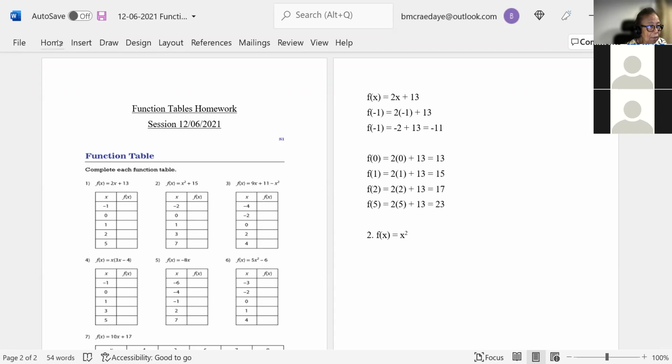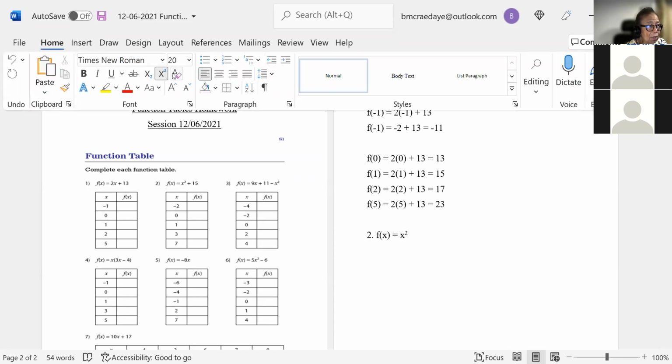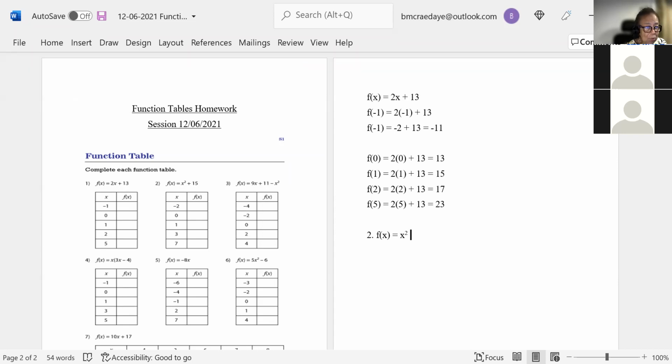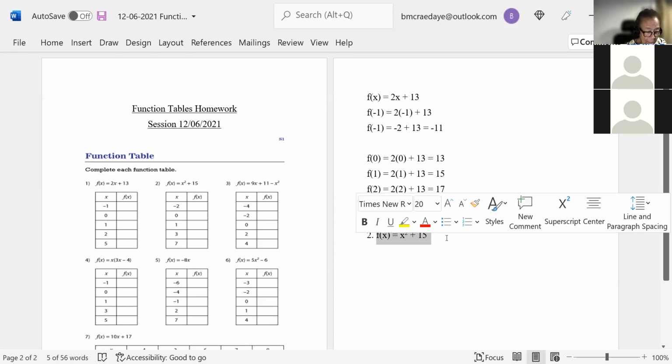So let's put 15 there. Now, the first entry in the table is minus 2. So let's just copy this function and put our minus 2 in for our input.